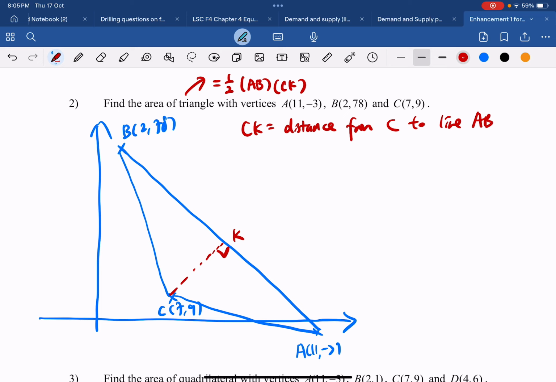So again, we simplified this problem to the distance from a point to a line. So how to do that? Just like what we did last time, in the last question. For sure we need to solve for the coordinates of K, but we need to find the equation of AB first, right? So you compute the slope of AB first.